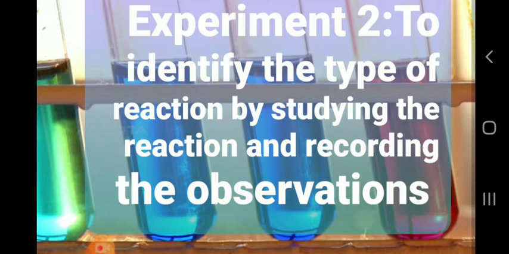In that, we have to take magnesium ribbon and burn it. For that, what things we need, I'll show you in the video. First, let me tell you what things we need.